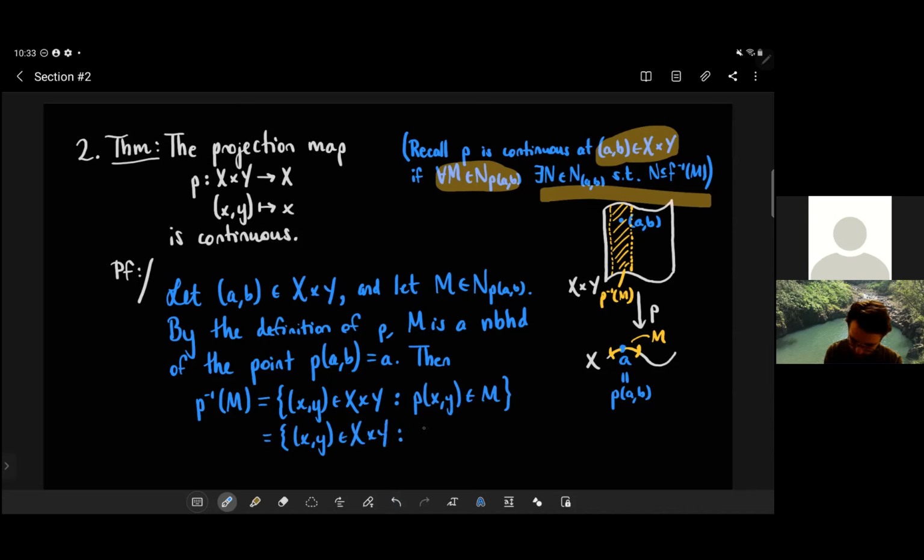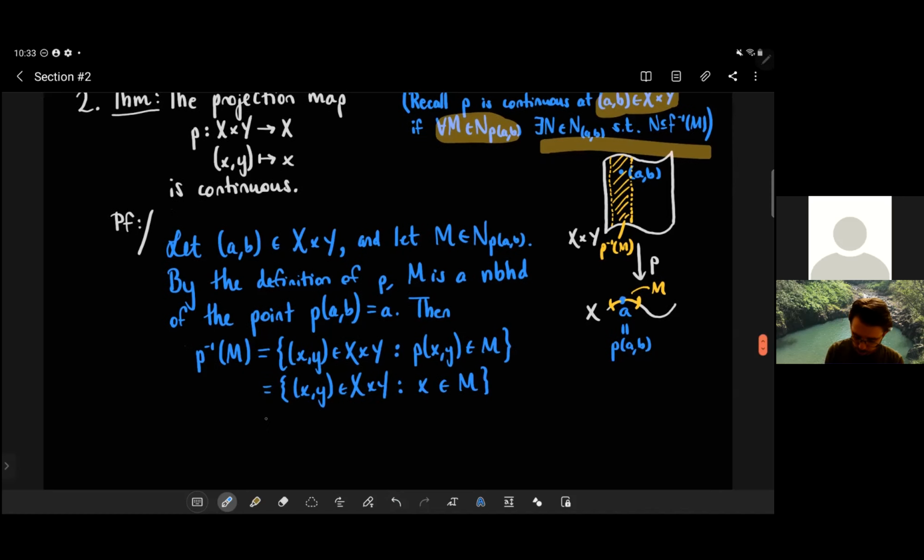P of (X, Y) is just X. And with a little bit of work, maybe it's good practice to verify this, but hopefully you'll believe me, at least based on the picture. This is actually just M cross Y. All we did was take that little sliver M and extrude it along the Y axis, basically, along the space Y.